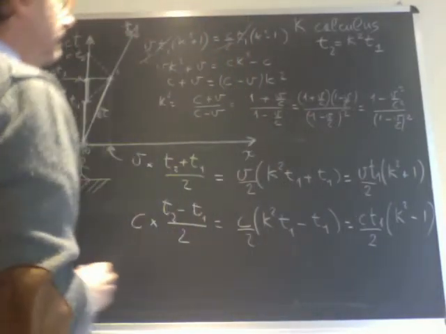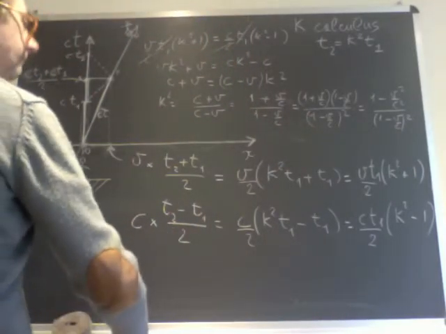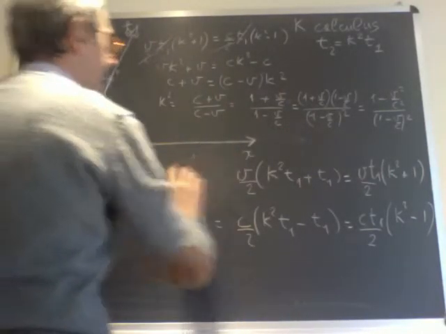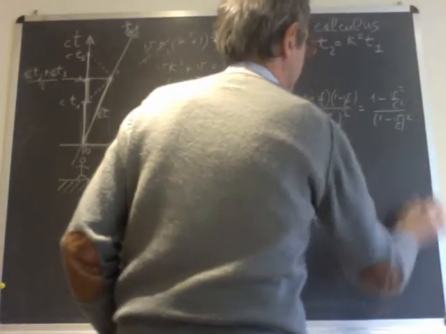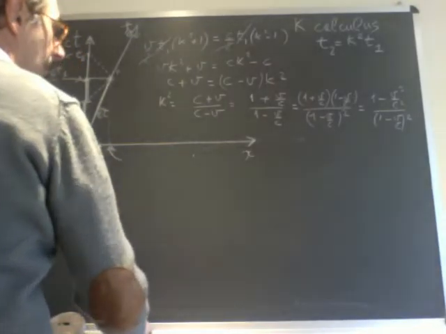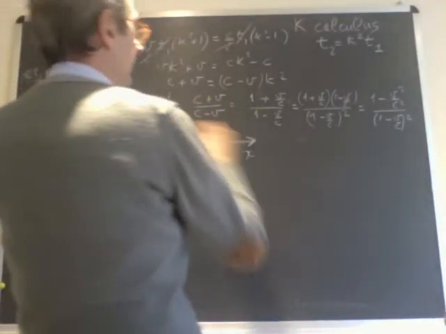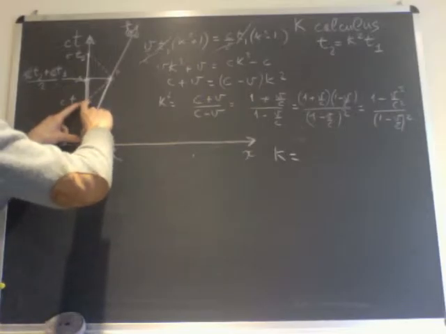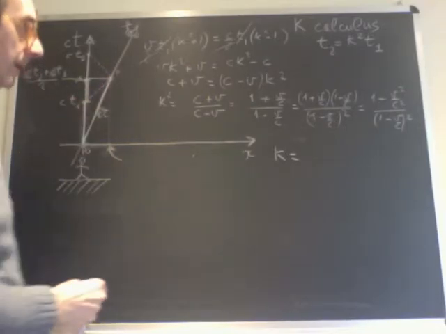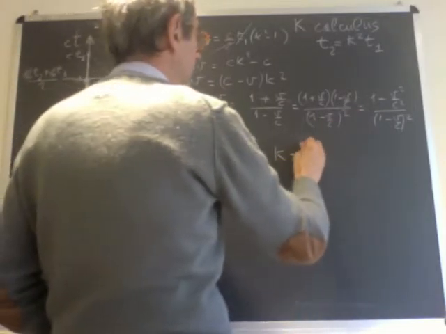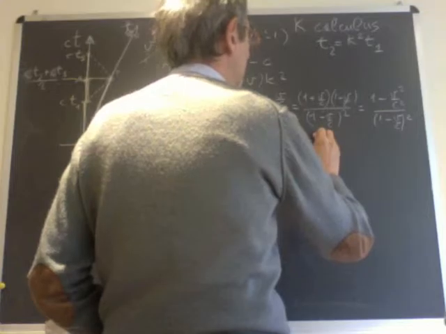Okay, and finally, I can cancel this. I perform the square root, so k is equal. Remember that k is a positive number because it is the ratio between two lengths. So I can keep just the positive root. So k is the square root of all this stuff here.